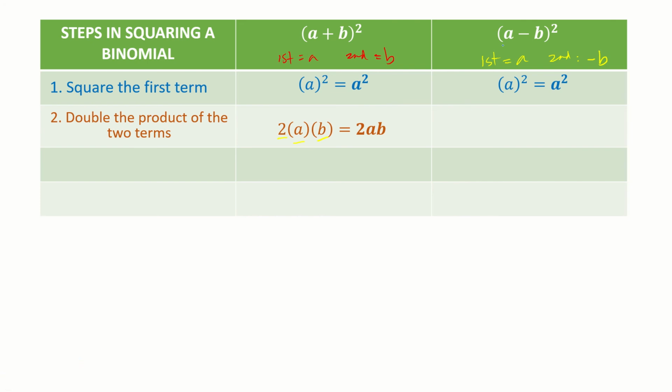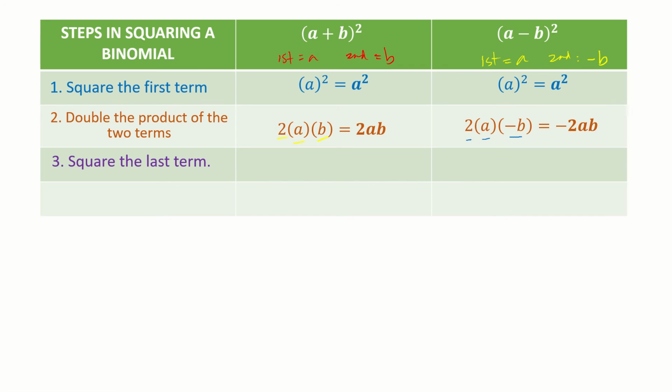Here, they would not have the same answer because the second term is a negative, unlike here, where the second term is a positive. So that's 2 times the first term times the second term, negative b. 2 times a times negative b is negative 2ab.